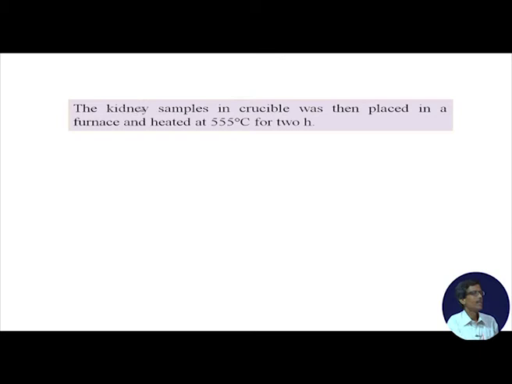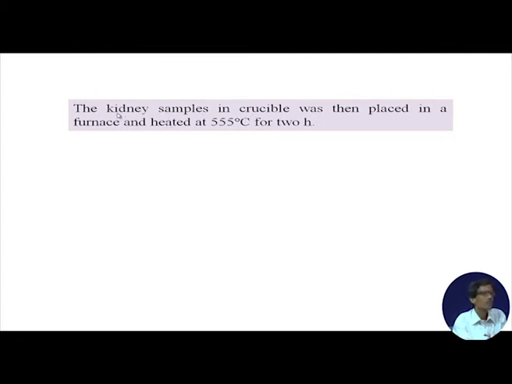This also gives the idea that any biological sample, such as the kidney of the deer, if we burn it at a very high temperature in a crucible, can be handled. The crucible can sustain it, be it a porcelain crucible or a vitreosil crucible. All other organic matter will be burnt away, and if we burn in air, in an air furnace or a special furnace where air flow is there, it is utilized for oxidation of the organic part.